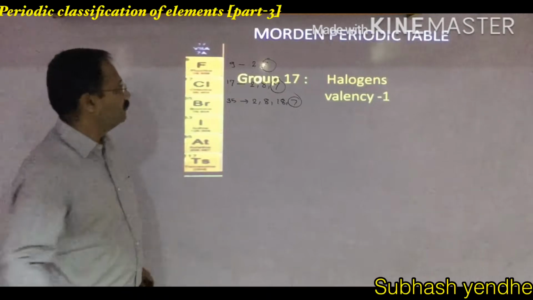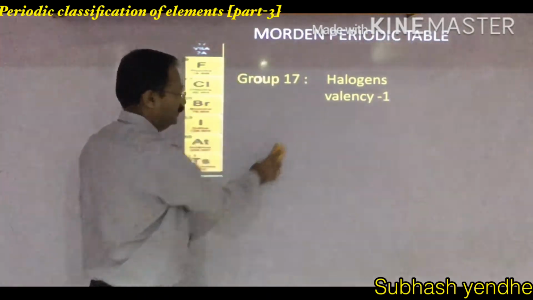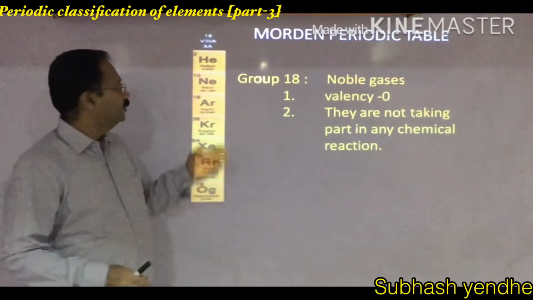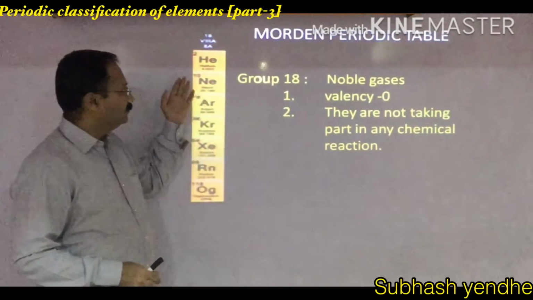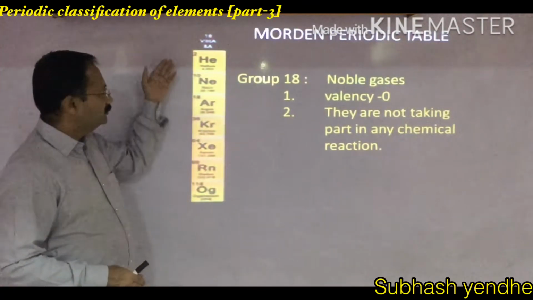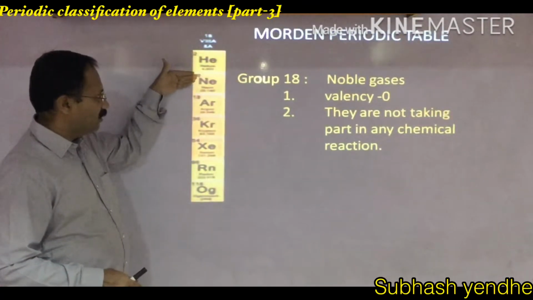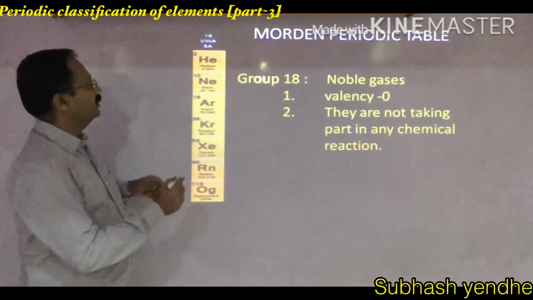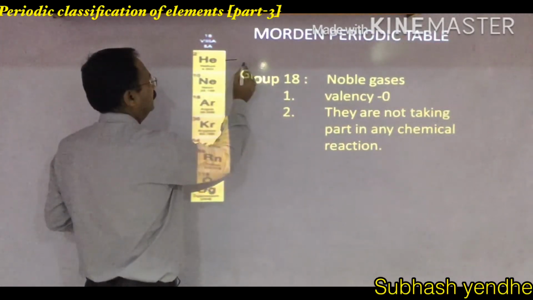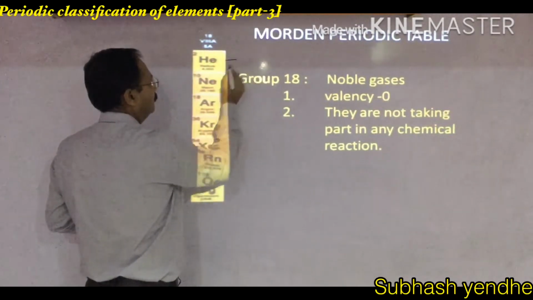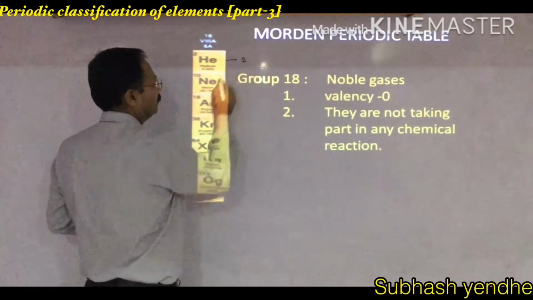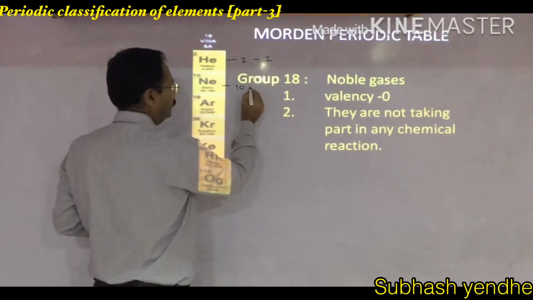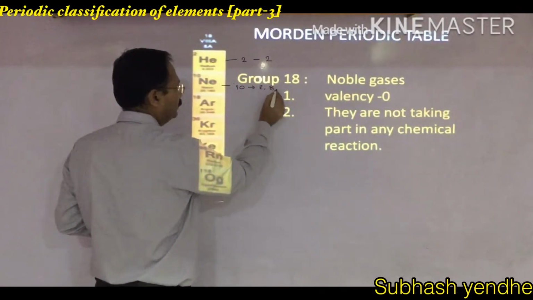So let's see the next part of the modern periodic table, which is group 18. That is called the noble gases. Why are they called noble gases? See the helium, neon, argon, krypton, xenon, radon, and these are the elements. Helium's atomic number is 2, its electronic configuration is 2. Neon's atomic number is 10, its electronic configuration is 2, 8.